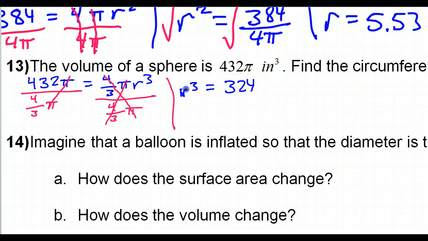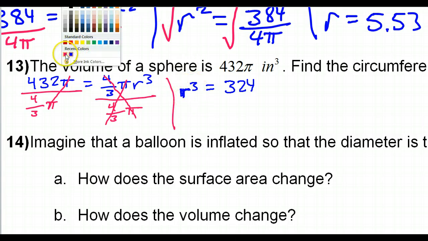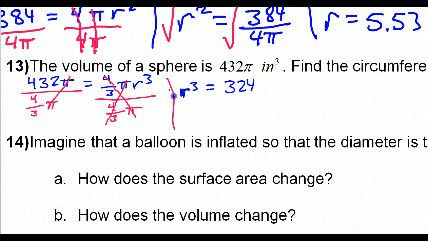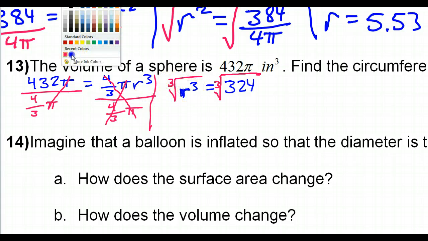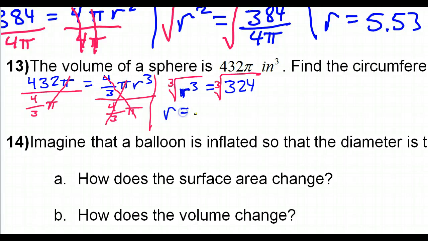Now if I want just plain old r, I'm going to have to get rid of this cube. How do I do that? Well, I use the cube root, of course. I could take the cube root of both sides, and it looks like this on paper. Cube root and the 3rd power cancel each other out, and so I will just have r. So how do I do the cube root on the calculator?